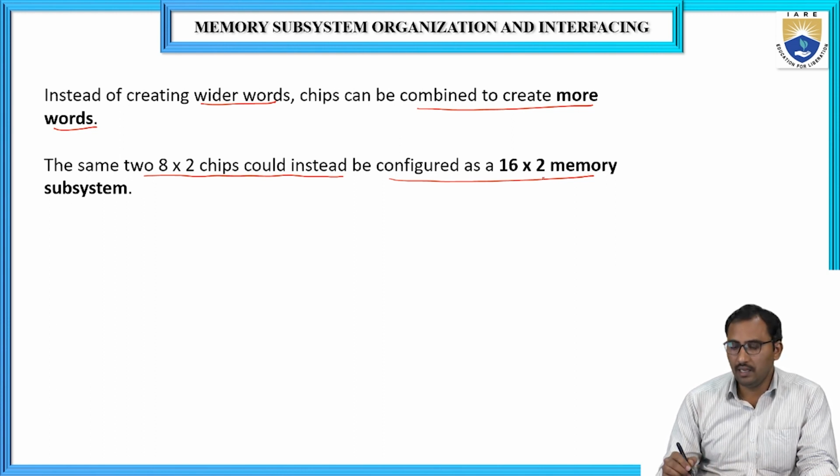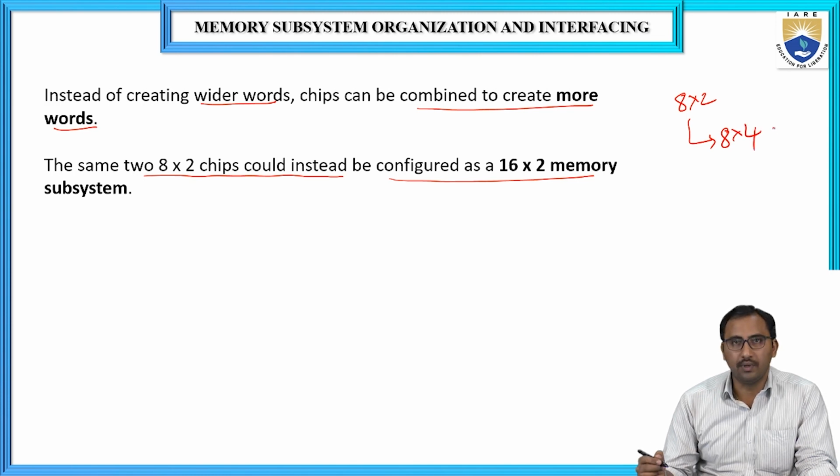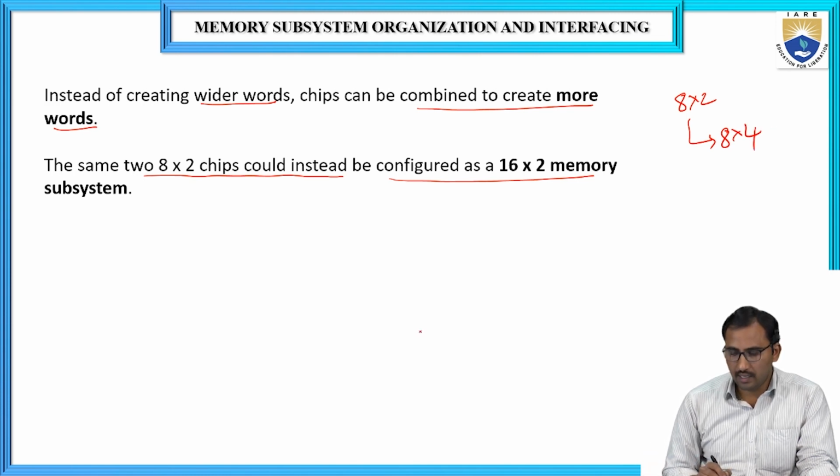Previously we combined two 8 by 2 chips to form an 8 by 4 chip, but here we are combining two 8 by 2 chips to form 16 by 2.